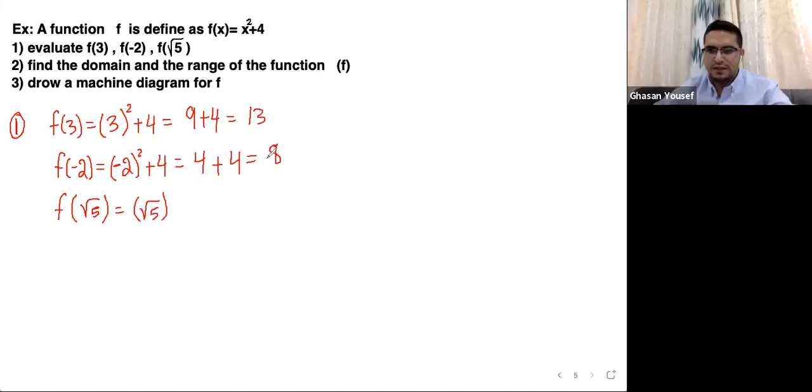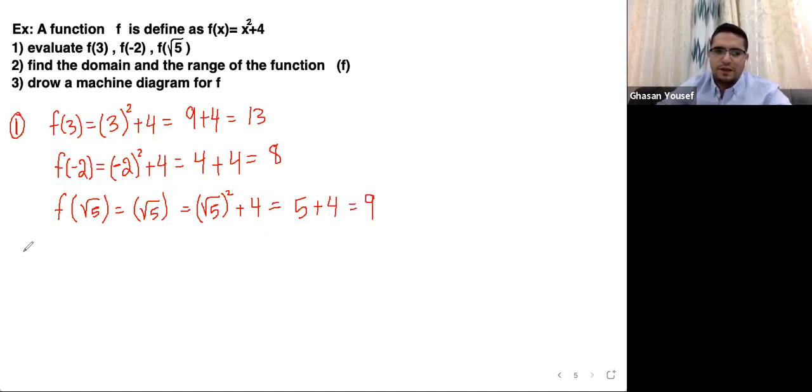Bilal said 9. Aziza said also 9. Let me check. So plug the square root of 5 inside the function. Square root of 5 squared plus 4. The square root of 5 squared is 5, plus 4 is 9. This is correct. 5 plus 4, I get 9.